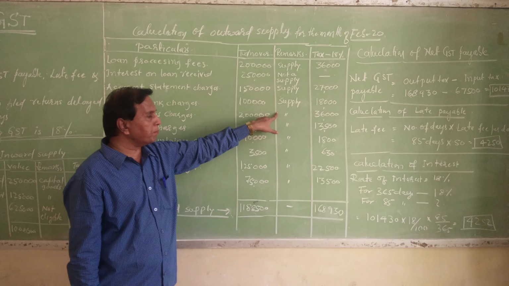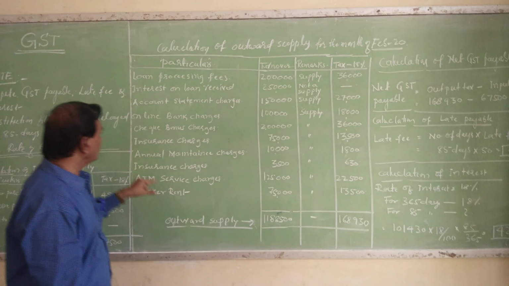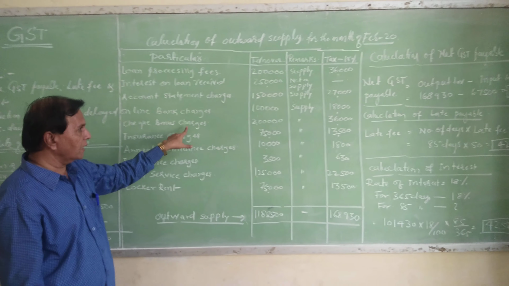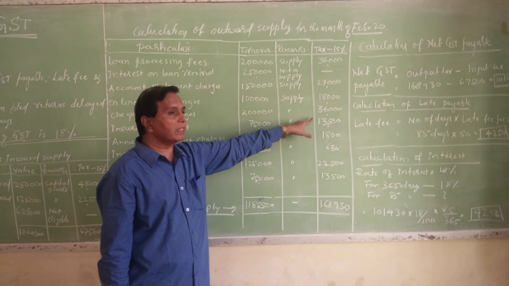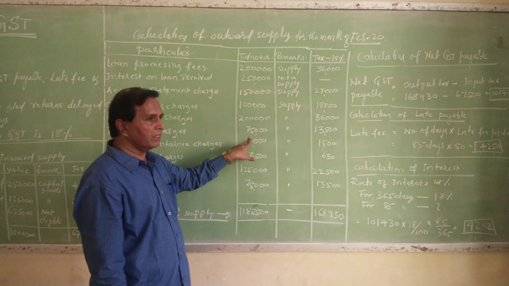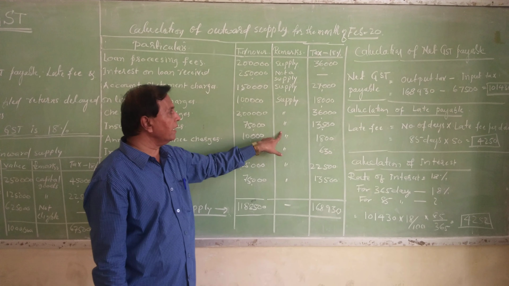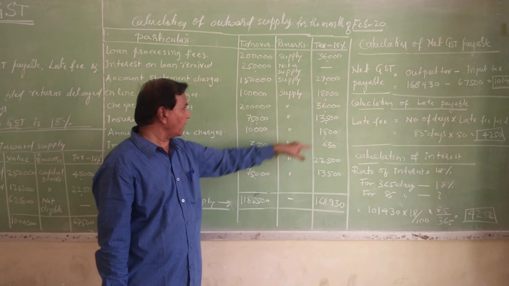Online bank charges 1 lakh. It is also known as supply. 18% chargeable on 1 lakh, 18,000. Cheque book charges 2 lakhs. 18% GST, 36,000. Insurance charges 75,000. It is also known as supply, and 18% is charged on 75,000, 13,500.